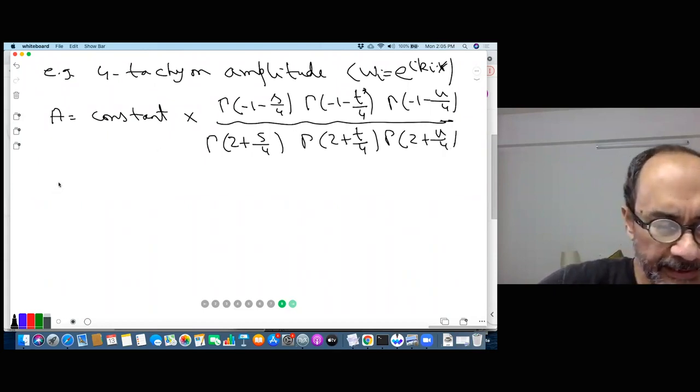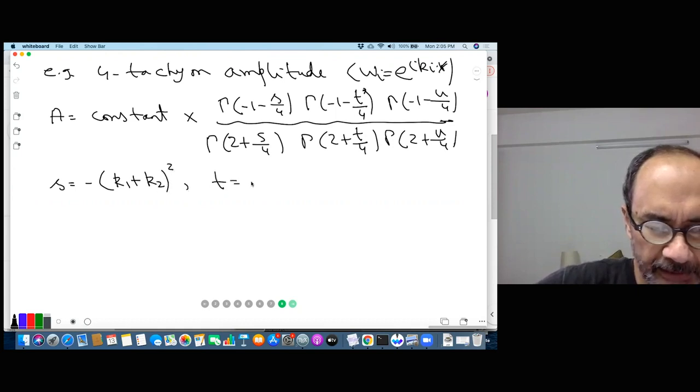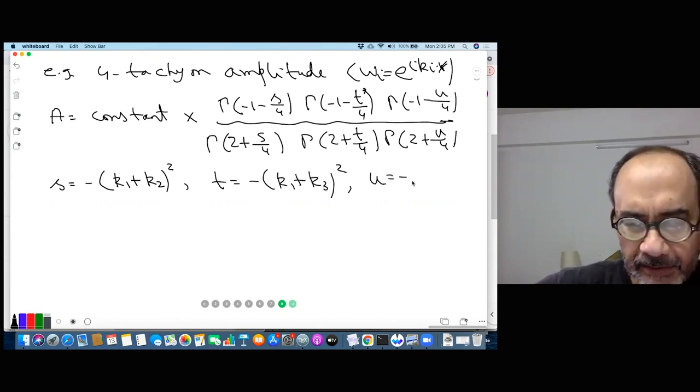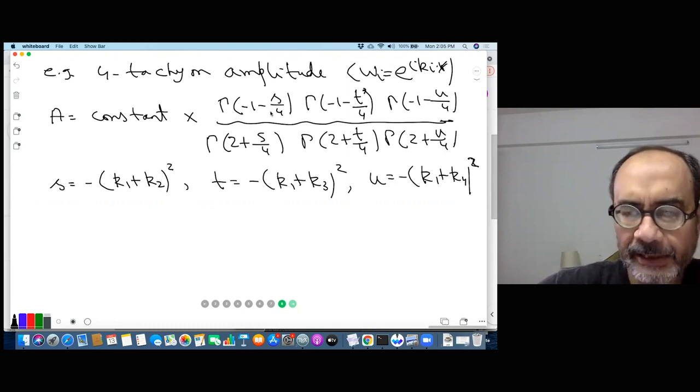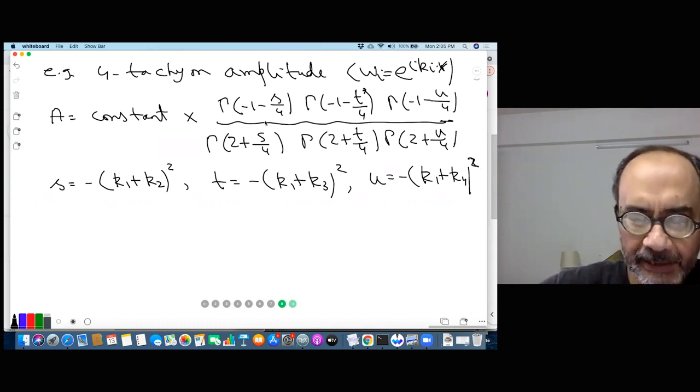so S here is K1 plus K2 square, that's a Mandelstam variable, minus, in the mostly plus signature metric, it's minus K1 plus K2 square, T is minus K1 plus K3 square, and U is minus K1 plus K4 square. And you notice that if we try to use the integral representation for gamma, that's what you get from string amplitude calculation.